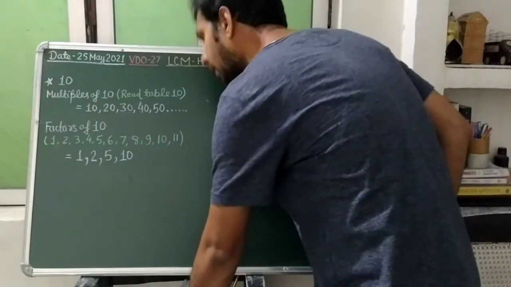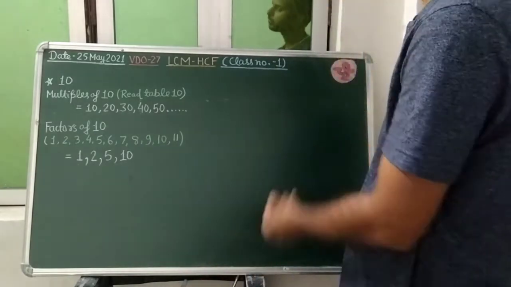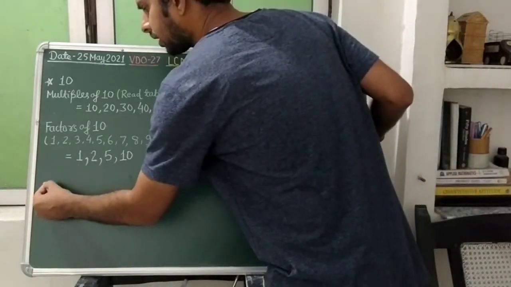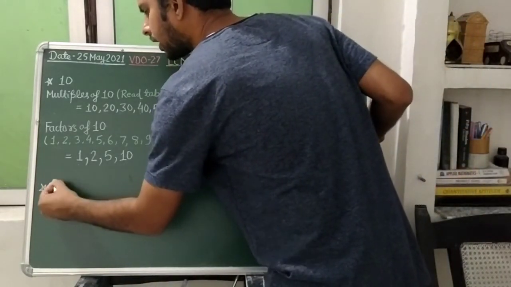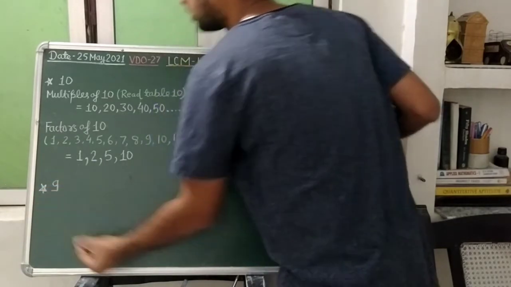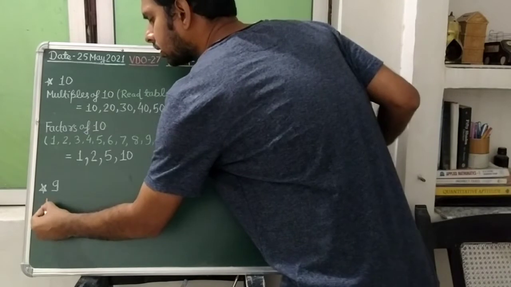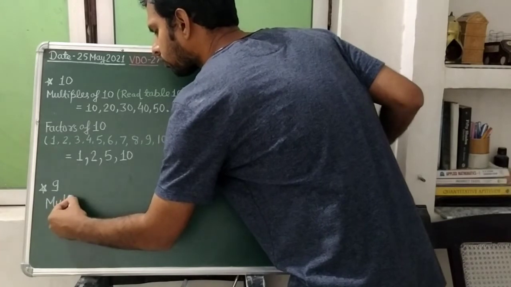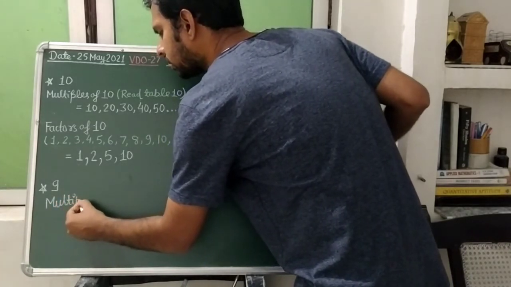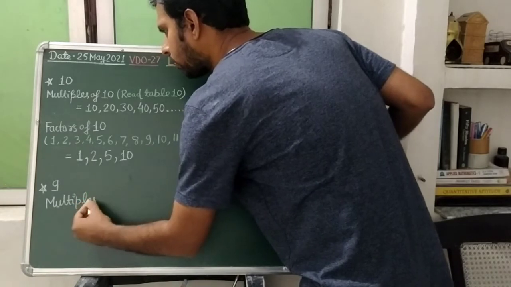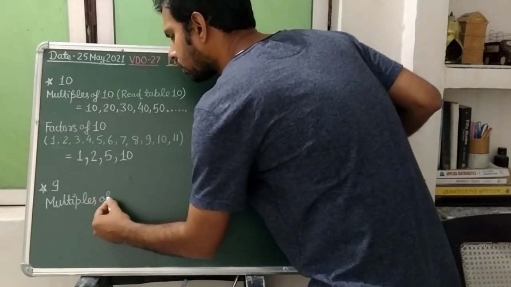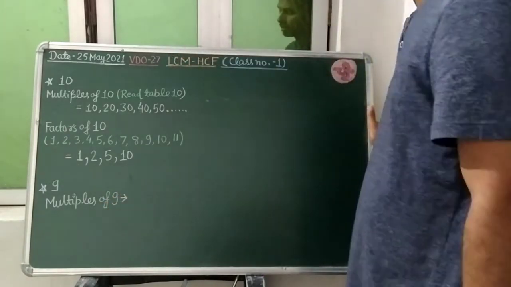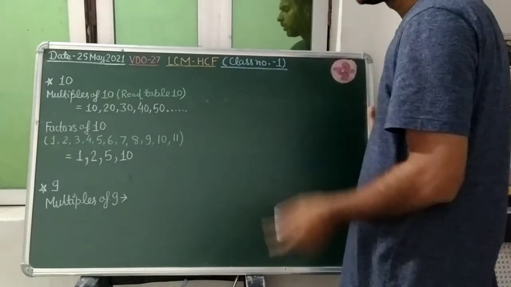So students, we have seen what will be the multiples and factors of 10, and of course if I am selecting the number 9, and writing the multiples of 9, what shall I do?